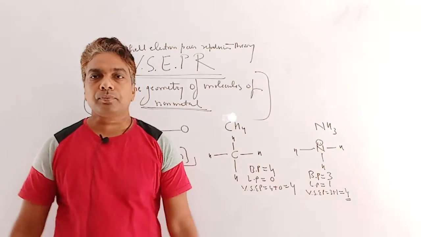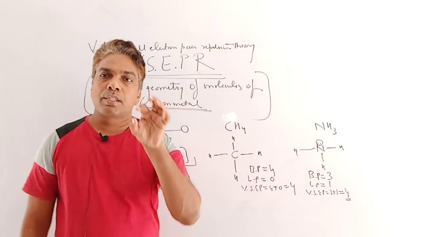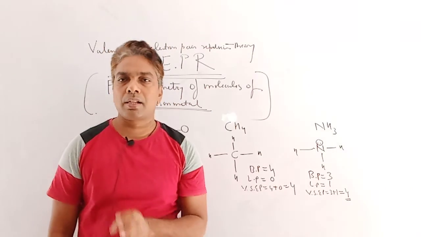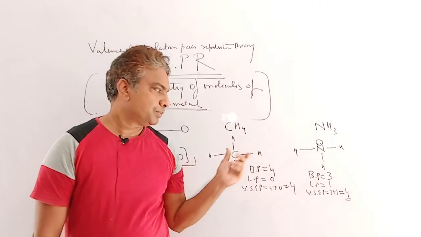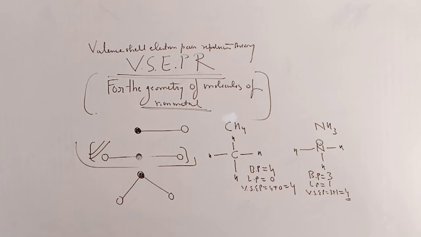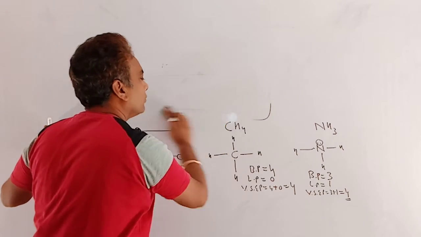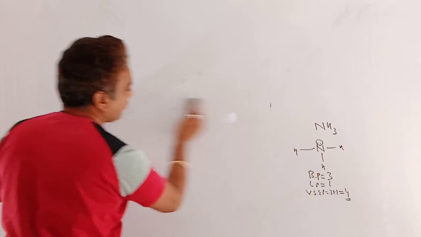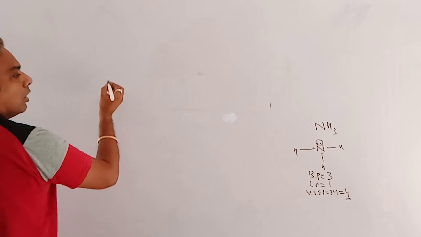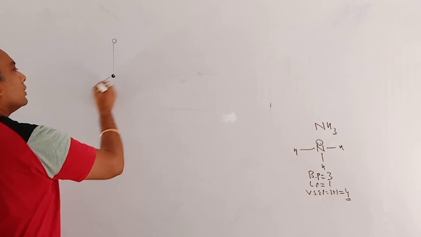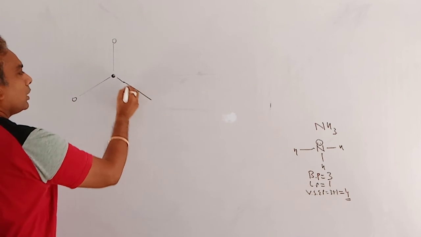Next point is that the space occupied by the lone pair around the central atom is larger as compared to a bond pair. What is the meaning? Suppose here is the central atom and these are terminal atoms without any lone pair.